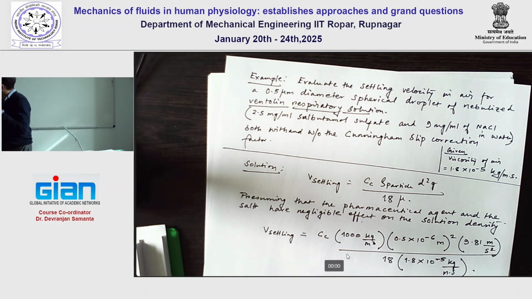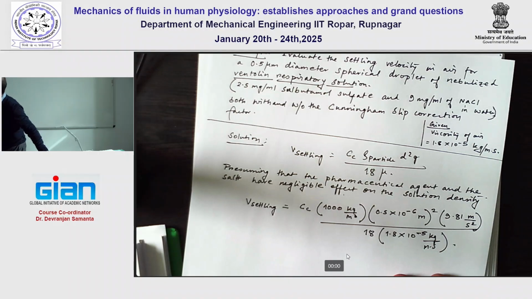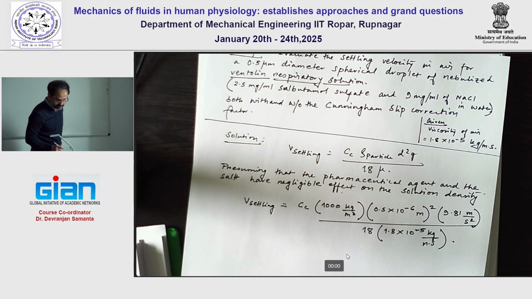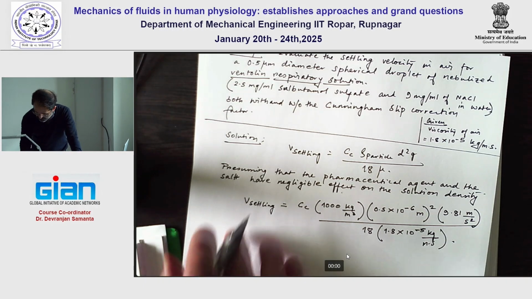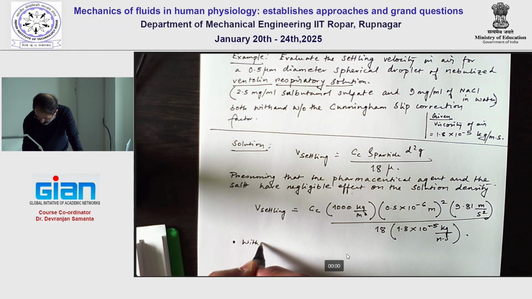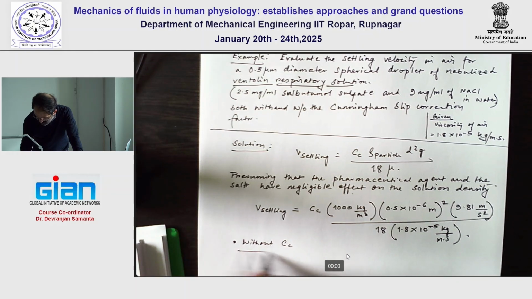So I left Cc like that because we have to do it both ways, with and without the Cunningham slip correction factor. So if we don't consider the Cc, so therefore without Cc, give me this number.